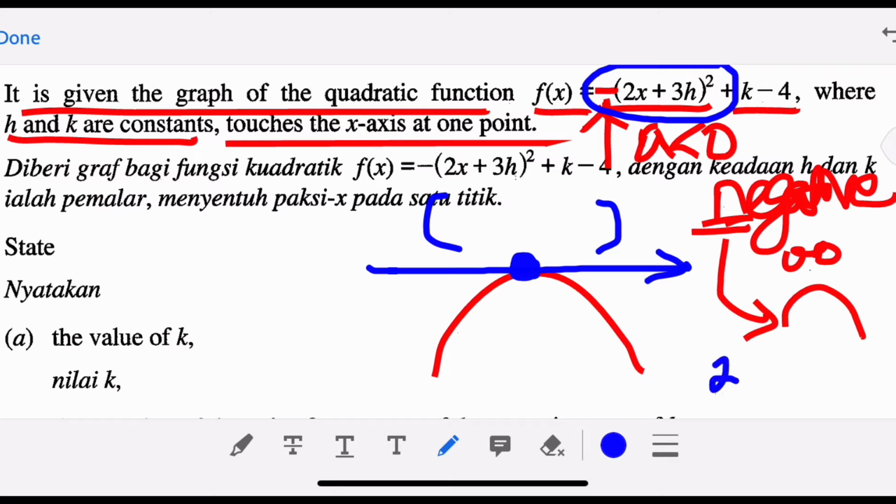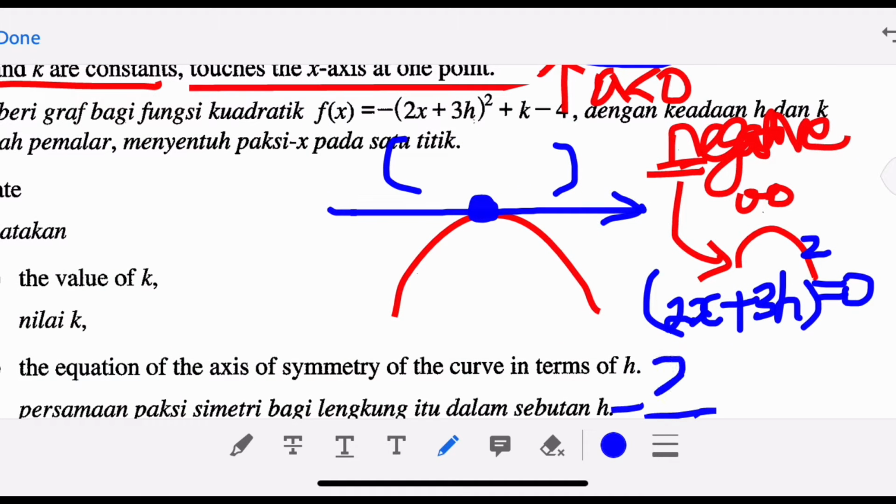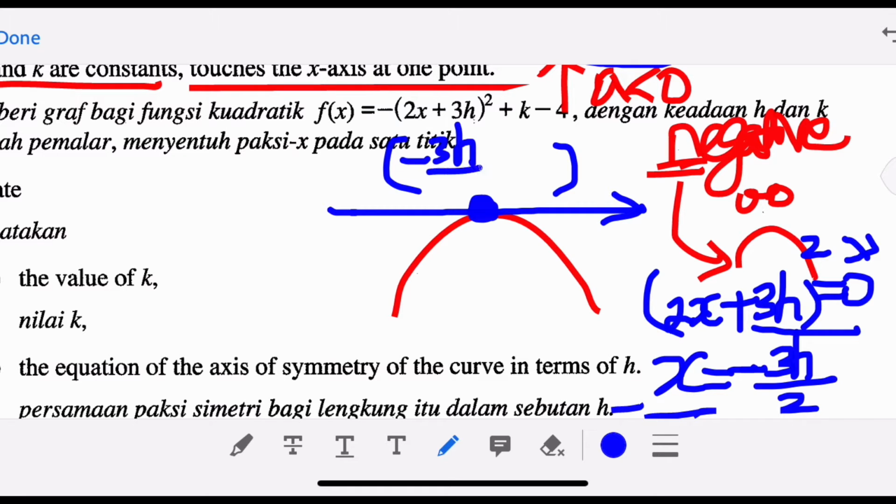Since the perfect square is (2x + 3h)^2, we can let it equal to 0 and solve for x. When we square root the 0, we get 0. So hence we bring over, and it will become x = -3h/2. That is the x-coordinate here.